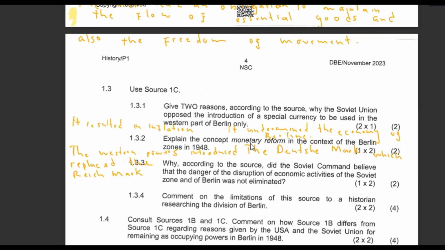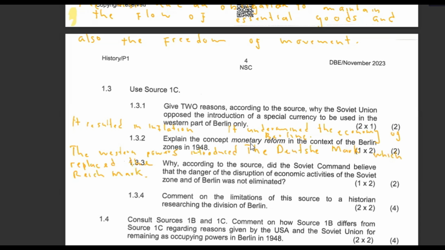So monetary reform in the context of the Berlin zone simply refers to an action whereby the Western powers introduced the Deutschmark, a new currency, which actually replaced the old currency, which was called the Reichsmark.